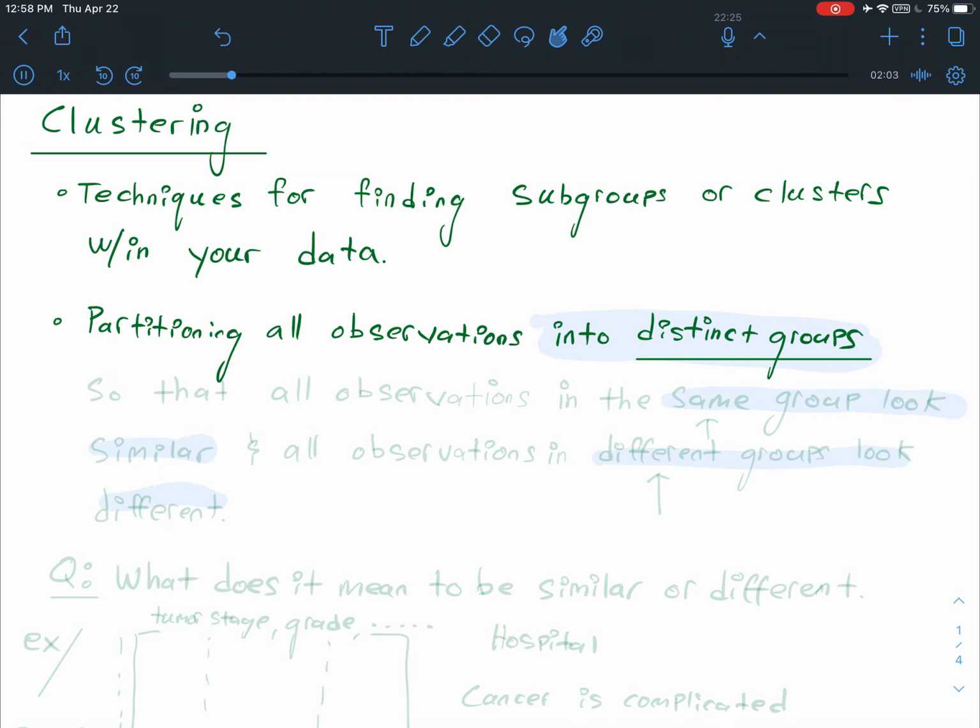So we want to make sure our observations are all partitioned into distinct groups, so that all observations in the same group look similar. That seems quite natural.